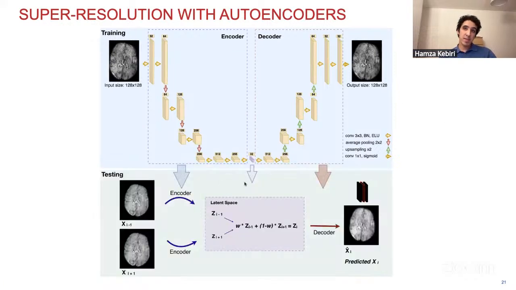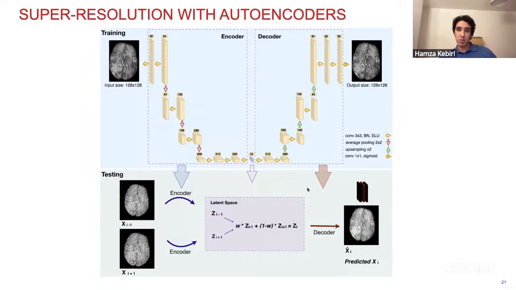In the testing phase, we encode 2 adjacent slices. We remove the middle one, as represented here, and then we try to estimate it using the encoding. So we encode these 2 adjacent slices, get their encodings, do a weighted average in the latent space, and then decode this weighted average, and hopefully get the slice that should be in the middle.